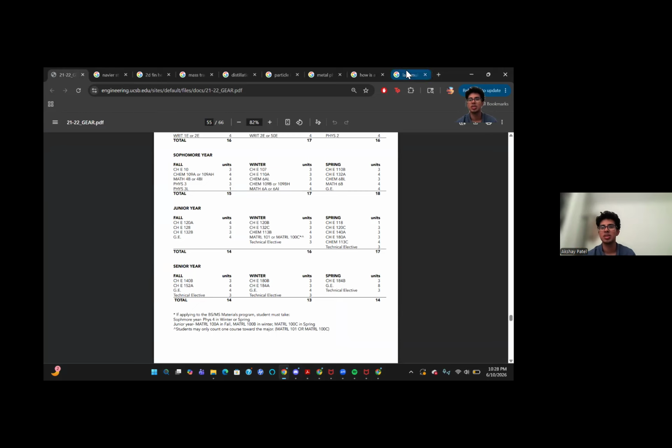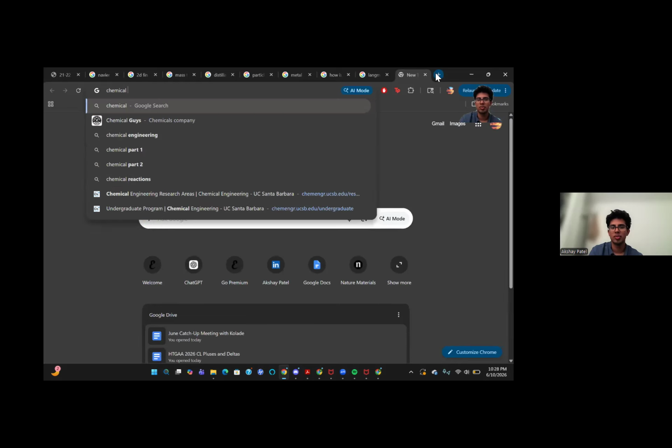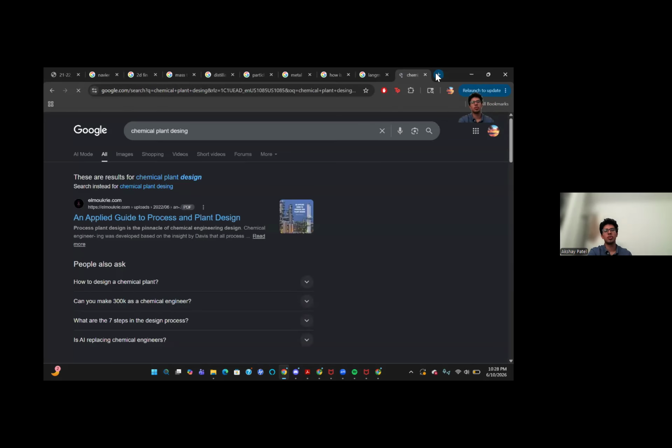And then you start your design sequence. In your design sequence, that's when you learn chemical plant design. That's when you start designing your chemical plant with a bunch of different processes.